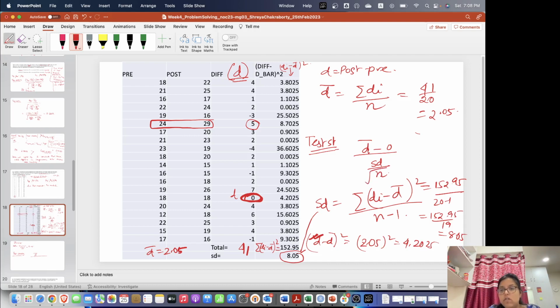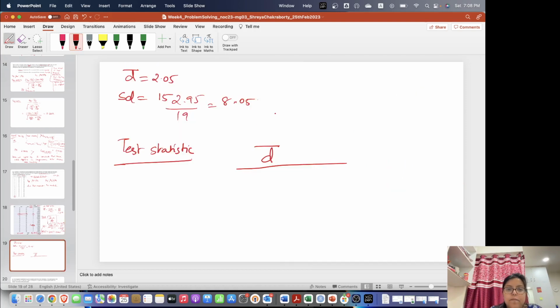This is not variance, so this is the test statistic. This is 2.05 by 8.05 divided by root over 20. So how much do we get this as?